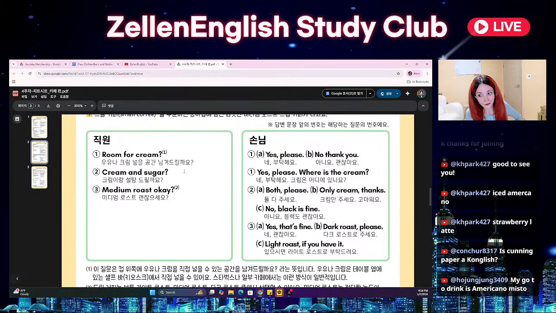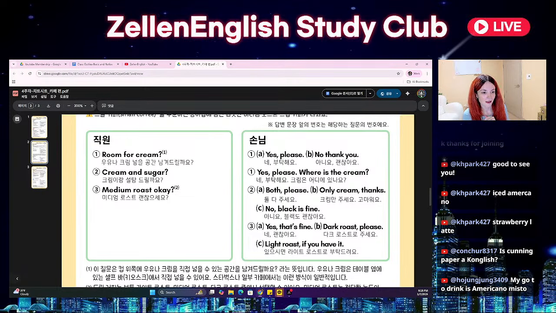That just means they don't fill the coffee all the way to the top, so there's room for you to add your own cream. You can just say, yes, please, or no, thank you. And often also cream and sugar, because that's the normal thing for regular coffee in the US.